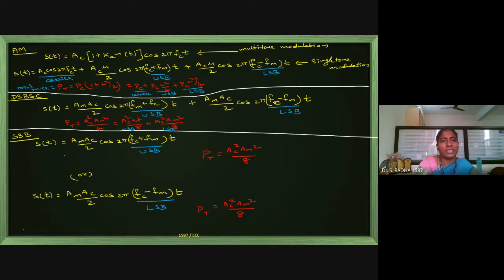So I will mark as important these power equations: total power in AM, total power in DSBSC, total power in SSB, whether it is lower sideband or upper sideband. So this is about the power calculations and the equations comparatively in AM, DSBSC, SSB.